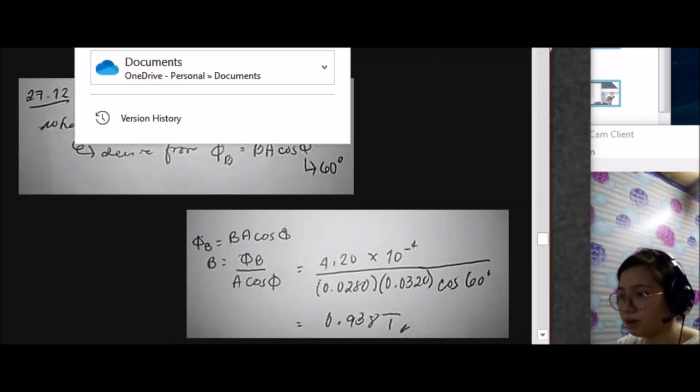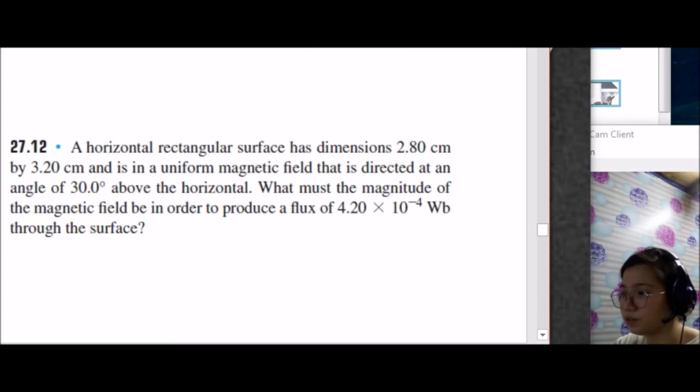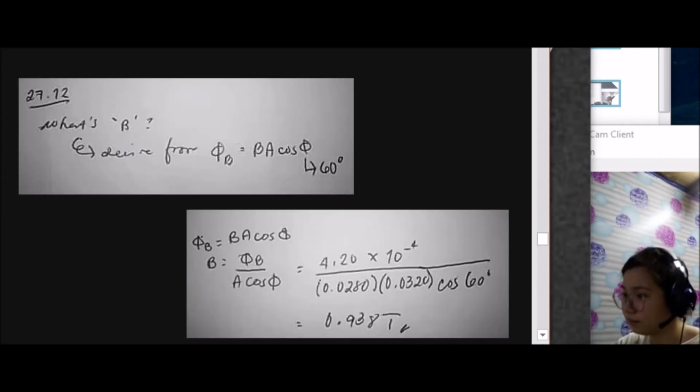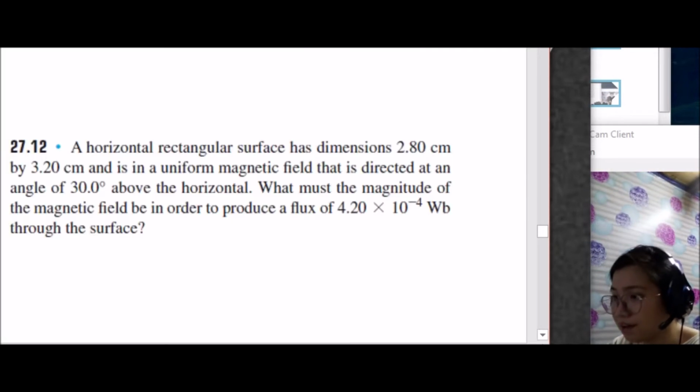Let's check if we're alright. The phi B here is basically 4.2 times 10 to the negative 4. Why is it like that? We're talking about the flux here. Flux is phi. A here is the area.